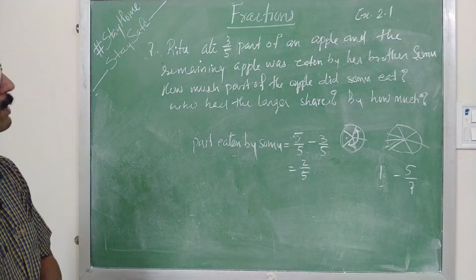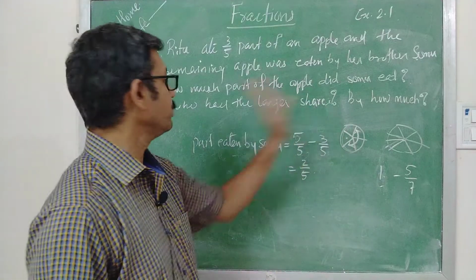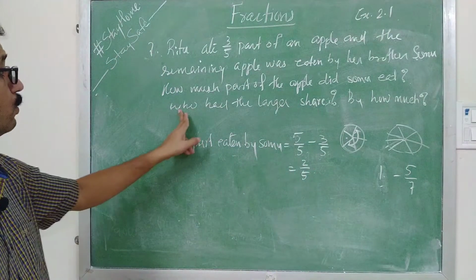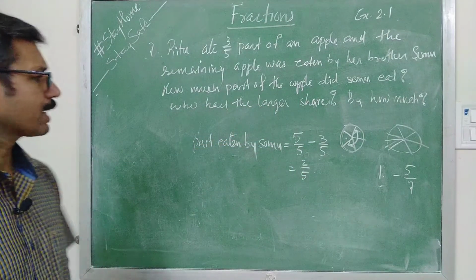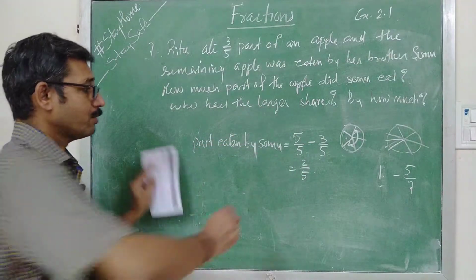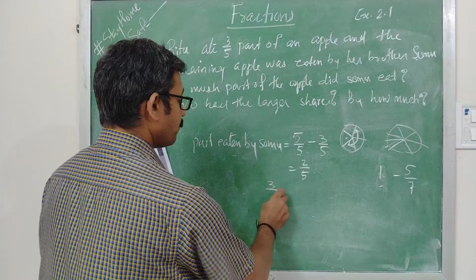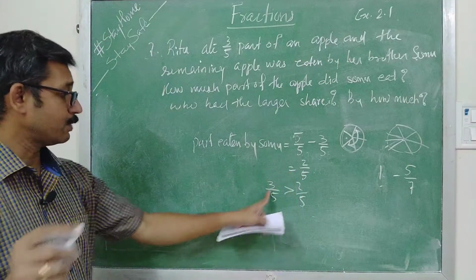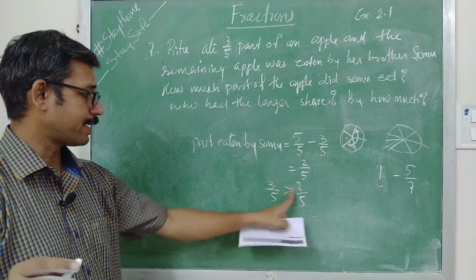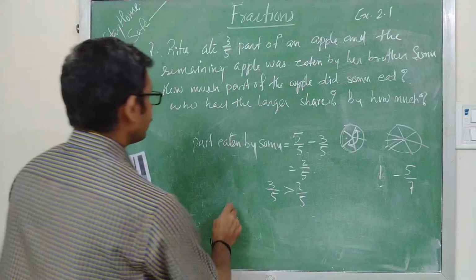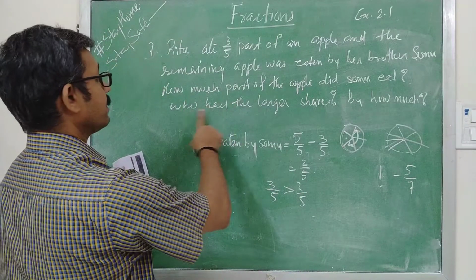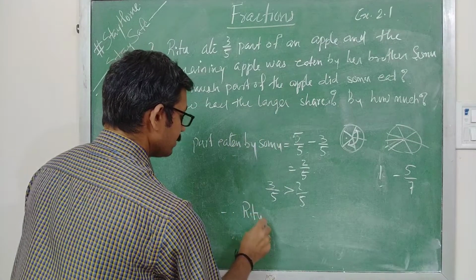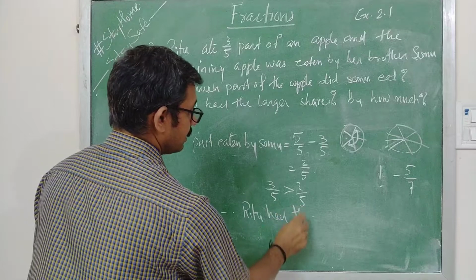Now, how much part of the apple did Somu eat? That is 2 upon 5 part. Now, who had the larger share? The comparison is quite easy because we can say that 3 upon 5 is greater than 2 upon 5, because the denominator is the same, so we compare the numerators. Therefore, Ritu had the larger share.